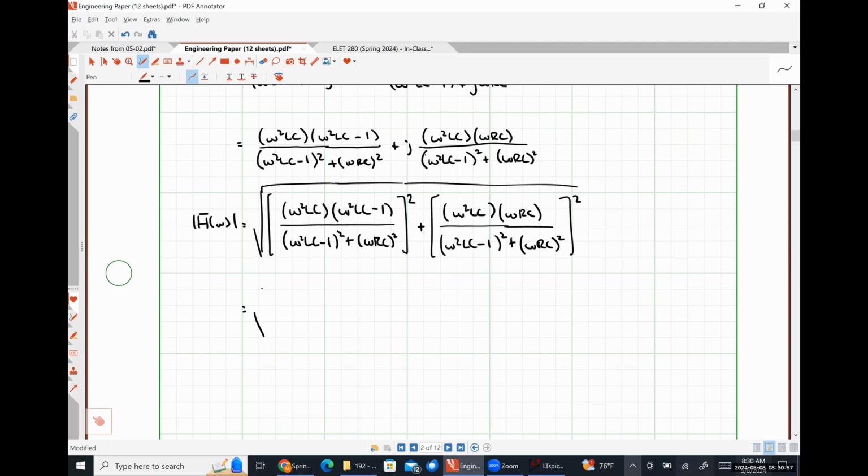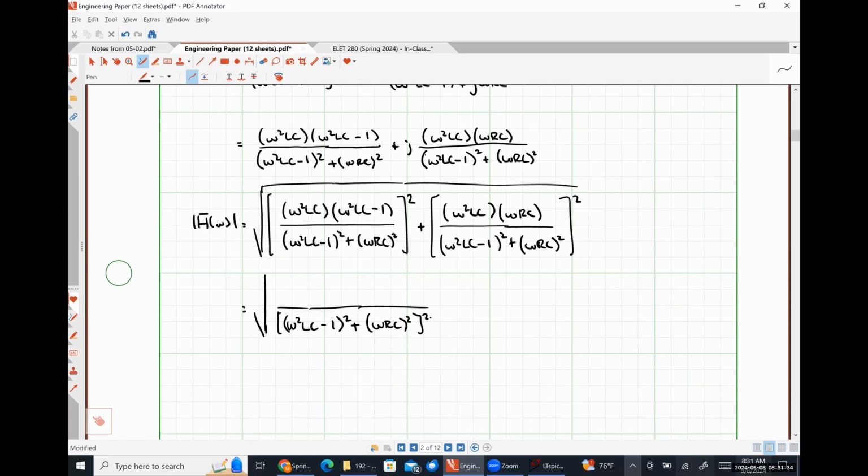And that gives us, we'll do the denominator first. Omega squared LC minus 1 squared plus omega RC squared. Square that whole thing. In our numerator, hopefully it's fairly obvious that there's an omega squared LC squared coming from the left-hand portion, and there's an omega squared LC squared coming from the right-hand portion.